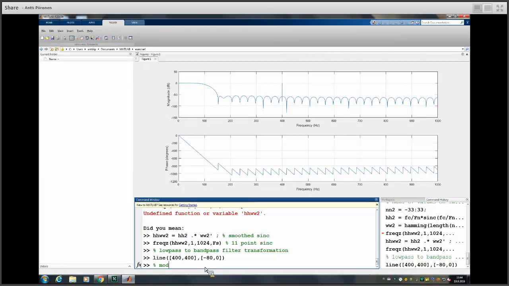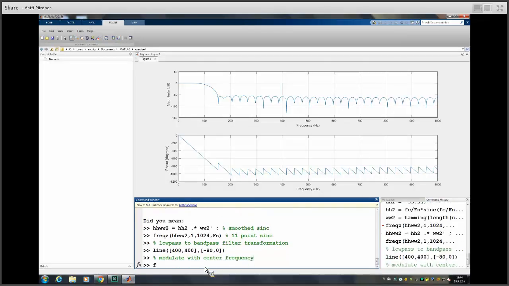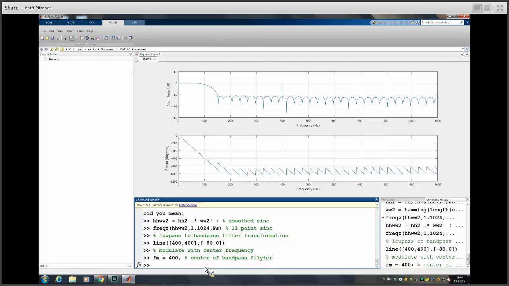So modulate with center frequency. So FM equals now that 400 Hertz. That's the center frequency, center of band pass filter. And for example, we can take that HH2, which was quite nice, and modulate that one.